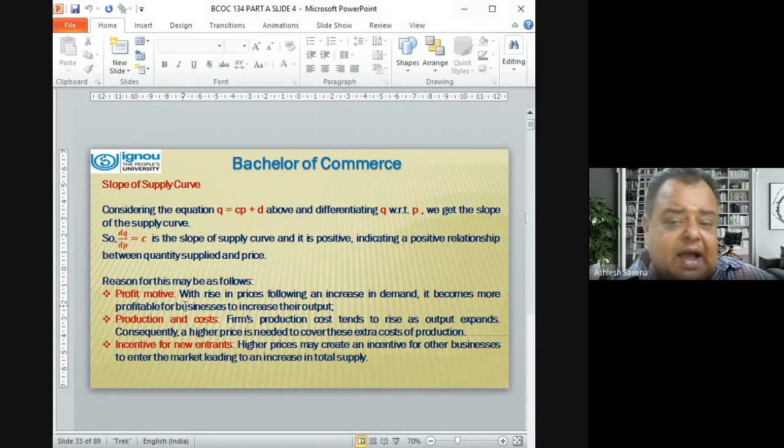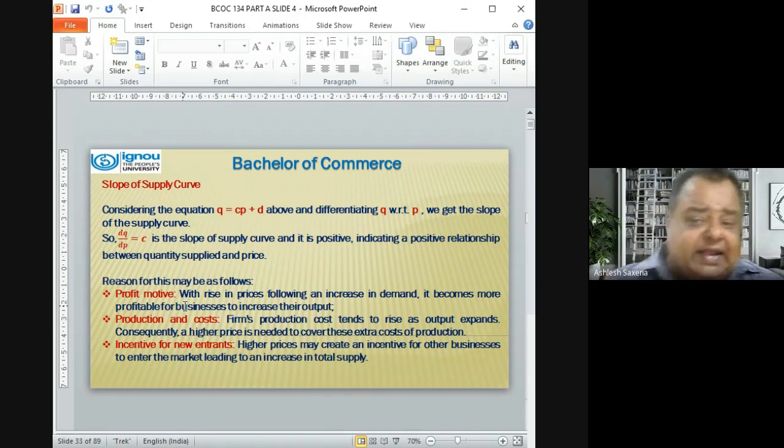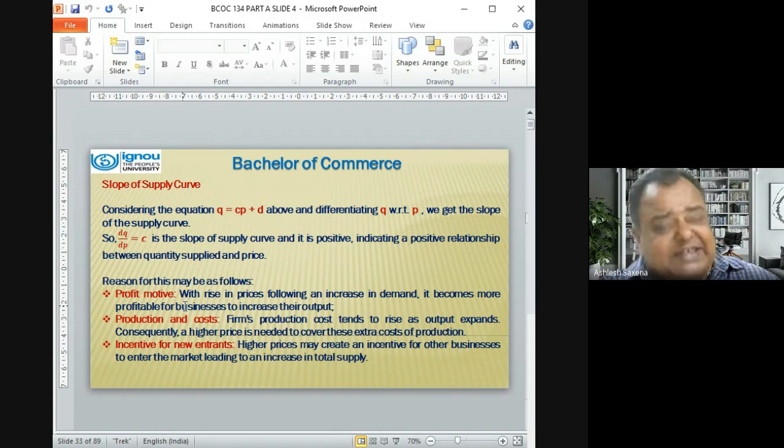Consequently, a higher price is needed to cover these extra costs of production. And third one is incentive for new entrants. Higher prices may create an incentive for other businesses to enter into the market, leading to an increase in total supply.